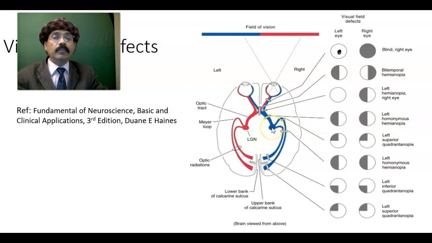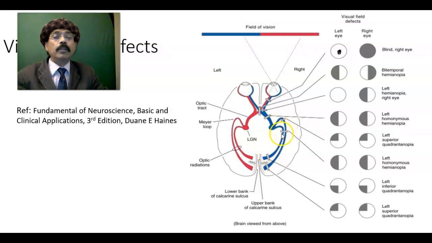This is the lateral geniculate body we just discussed. We have 6 layers. We have layers for the ipsilateral fibers and also layers for the contralateral fibers. Okay, so we got that. Now we'll go to the fiber from the lateral geniculate body that is called the optic radiation or geniculocalcarine fiber.